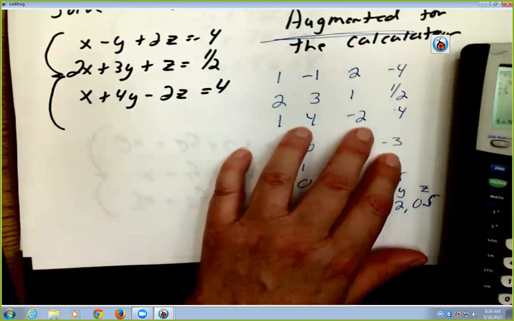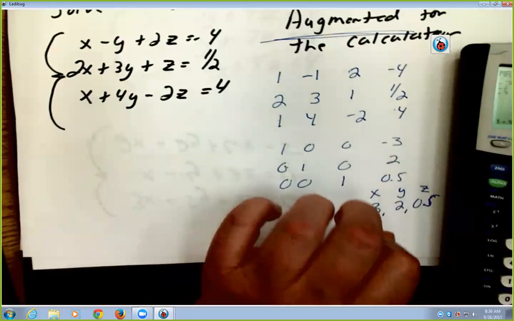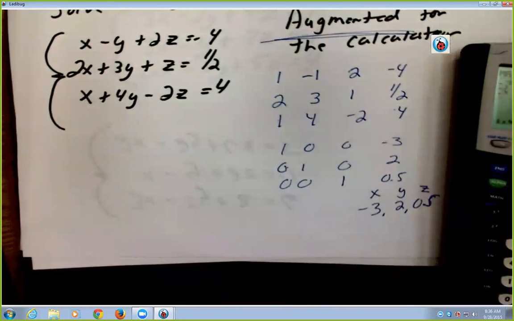Is that what you have in yours? Did you do the B? There's 1, 2, negative 1, 3, 2, 1, 2, negative 4.